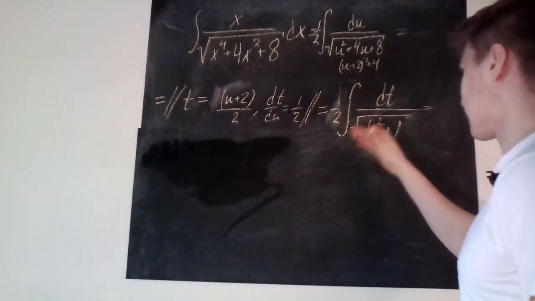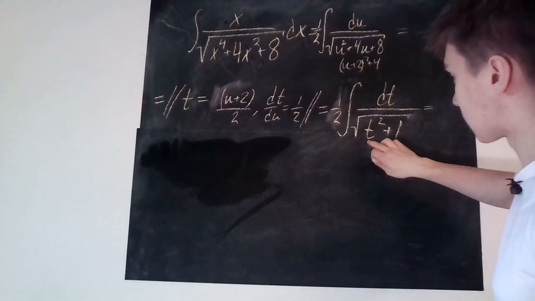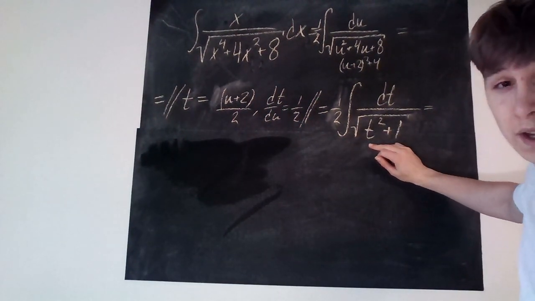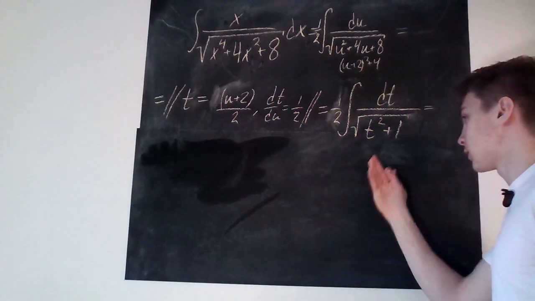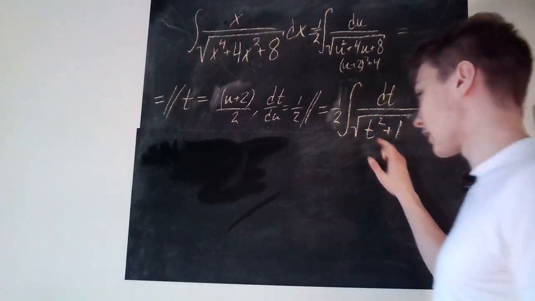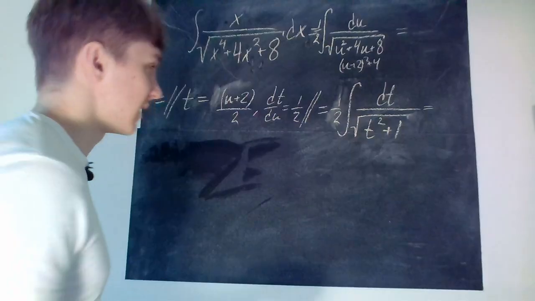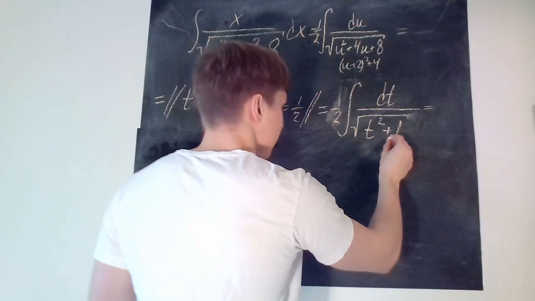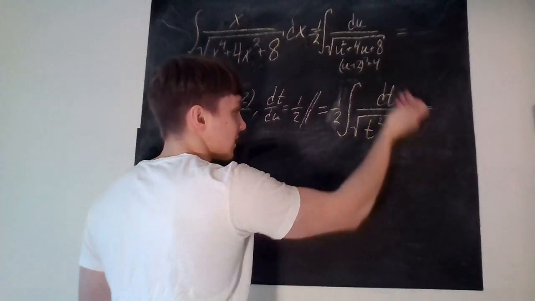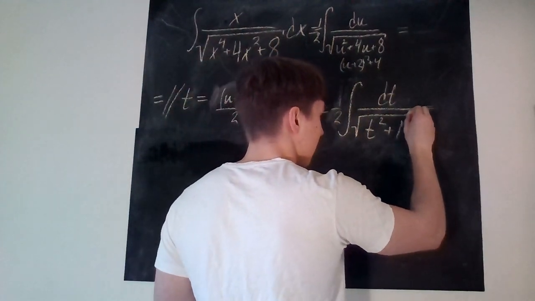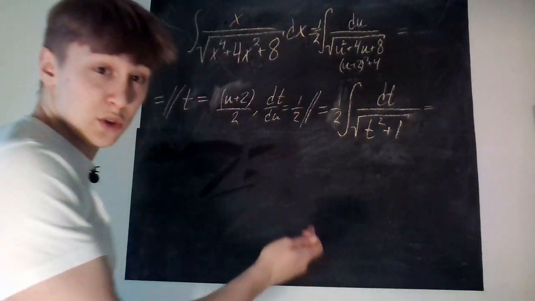When you change this for a hyperbolic sine, you have to do the inverse, right? So t is equal to hyperbolic sine of our new variable, and then you would just realize that the derivative is exactly what you have here. So this is what you should do.